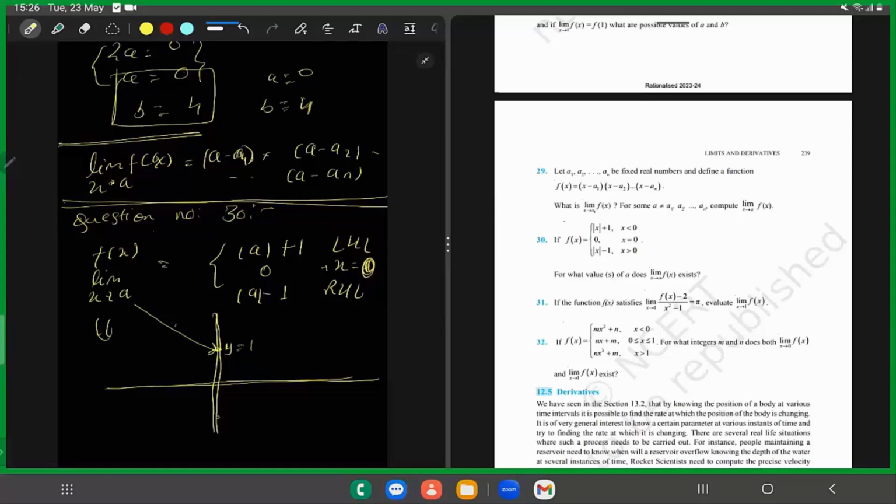And for x greater than 0, this should be the graph, because this is mod of x minus 1 and this is mod of x plus 1. These graphs are basically transformed forms of mod of x. By shifting mod of x below and above, we can find the graph of mod of x plus 1 or mod of x minus 1.